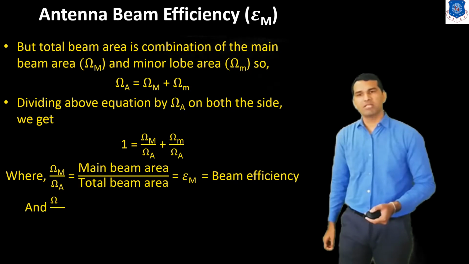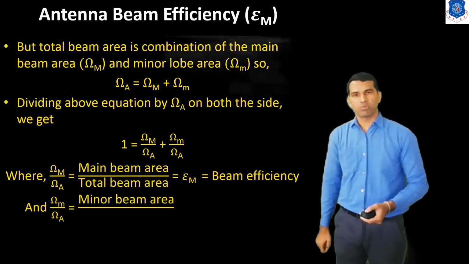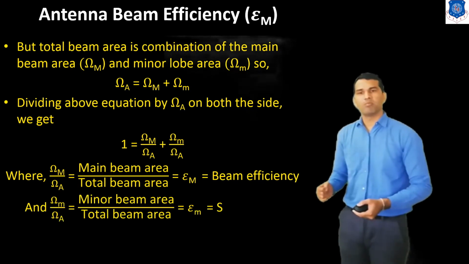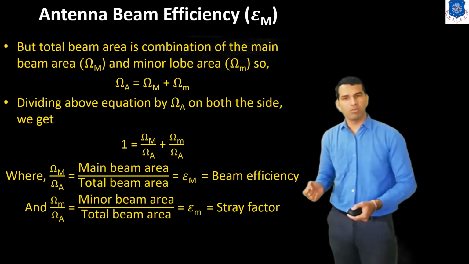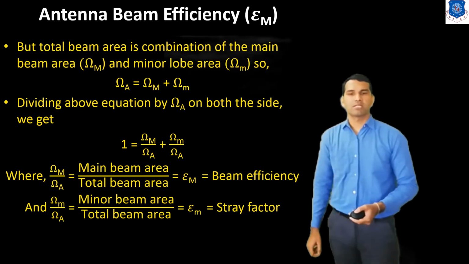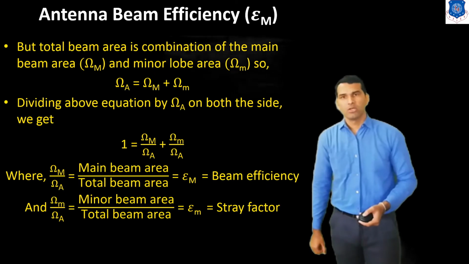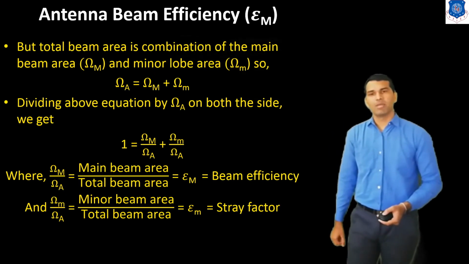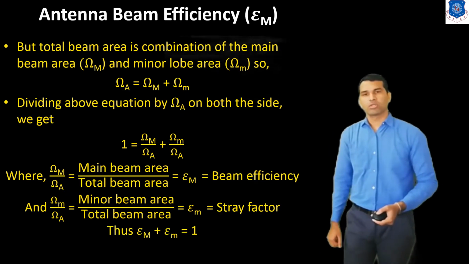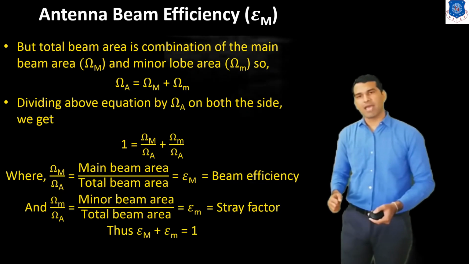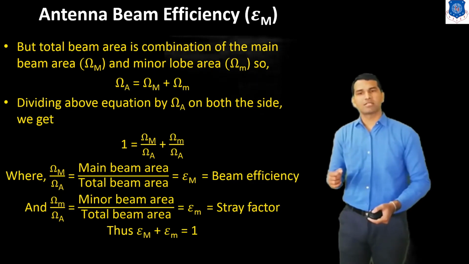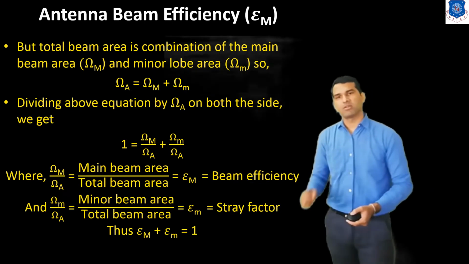The second term, omega small m upon omega A, is the minor beam area upon total beam area. This is known as the stray factor. So we can write this equation as eta m + eta small m = 1.